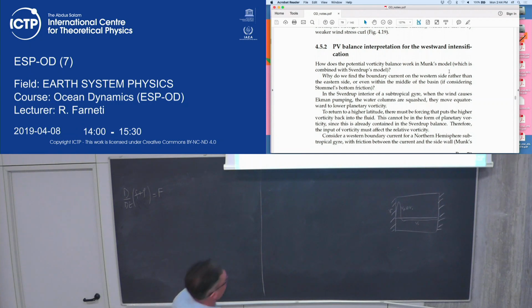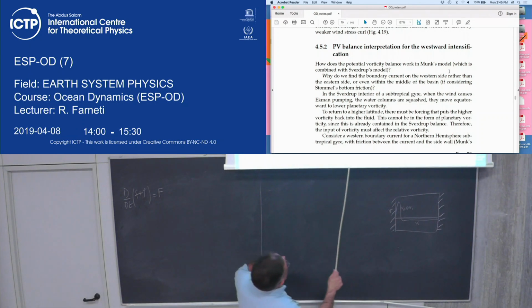So if you think again of the simple wind stress curl that we're always using, that is providing an anticyclonic input of vorticity, okay, in the subtropical gyre in the northern hemisphere, but it doesn't make any difference. When the wind causes Ekman pumping, the water columns are squashed. Remember the schematic of the wind stress curl, anticyclonic in the northern hemisphere, providing Ekman pumping and squashing down the isopycnals.